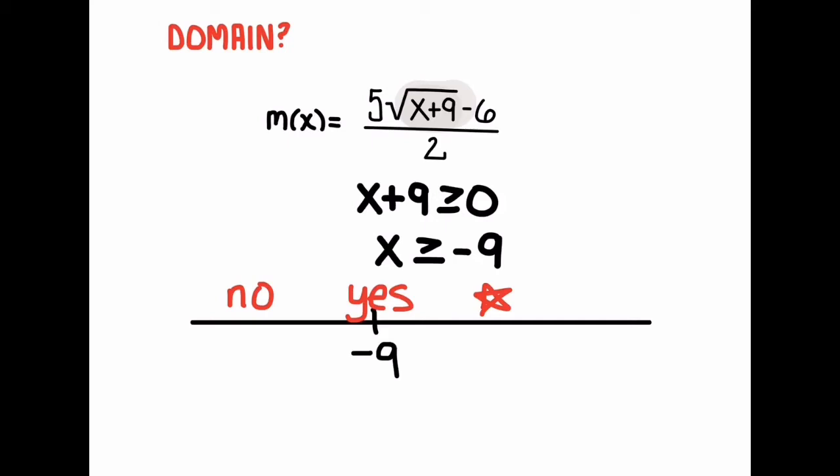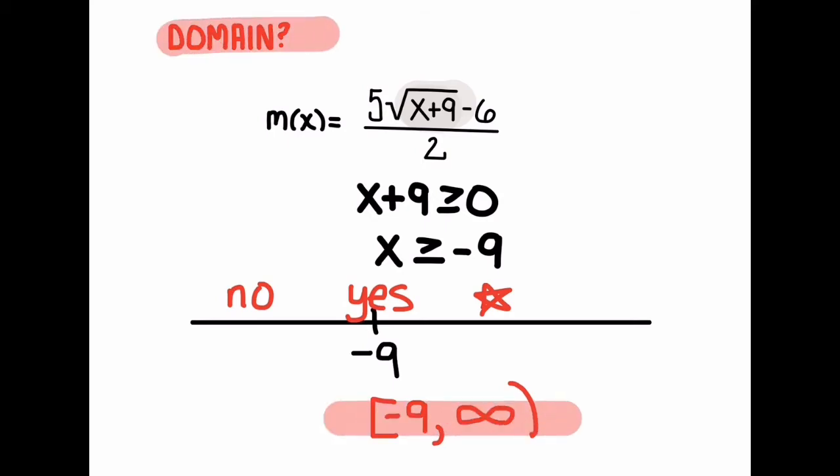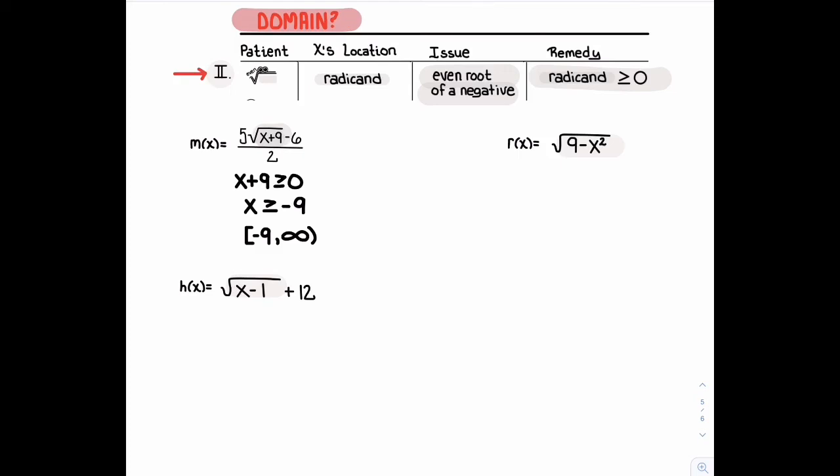We're going to have a bracket on negative 9 to include it, and then we will continue using all numbers to the right, so through infinity, parenthesis. So as long as we substitute numbers, negative 9 or larger, into m of x, we won't be taking the square root of a negative number.